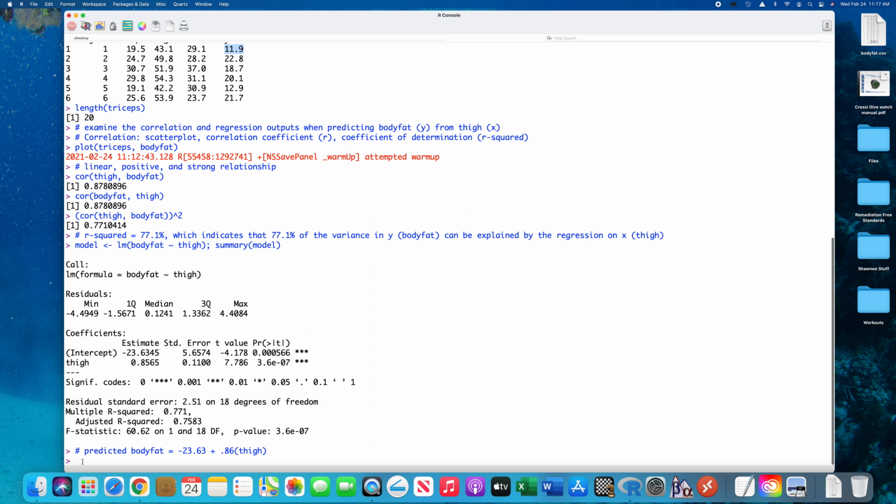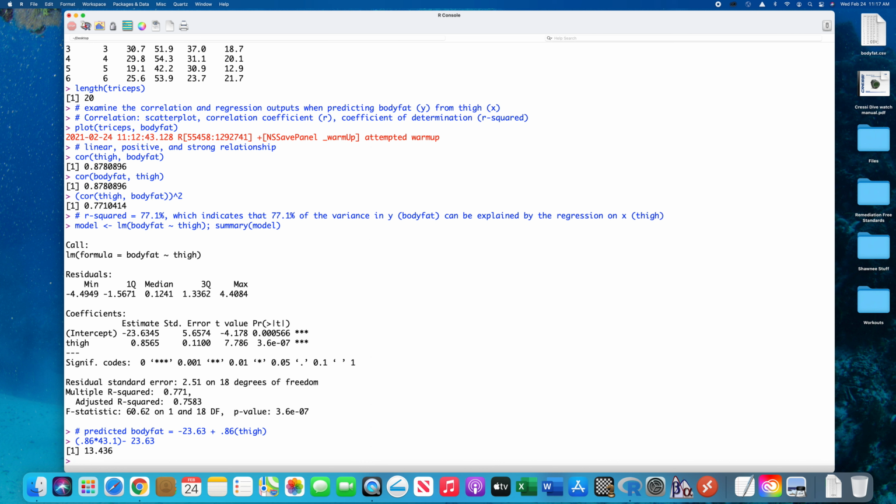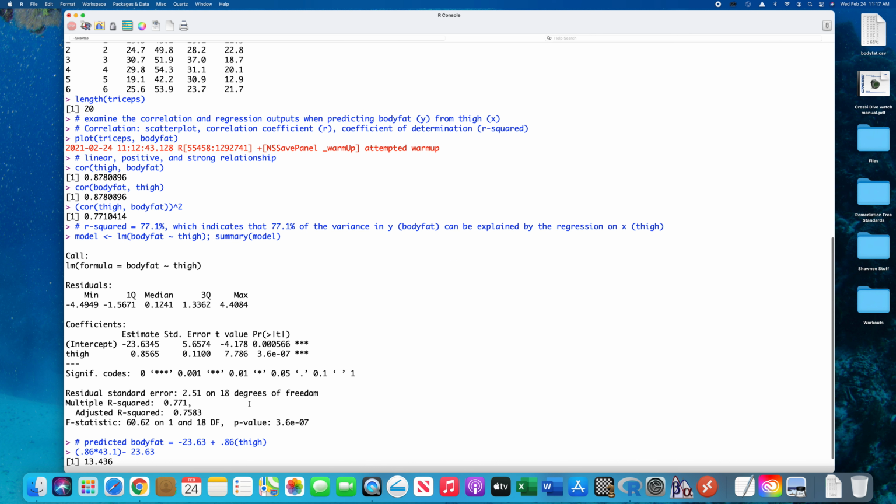We can use our model to predict the body fat for this particular subject by taking 0.86 times their thigh measure, which was 43.1, and subtracting the intercept, which is 23.63. So we get a predicted body fat for the first subject of 13.46.